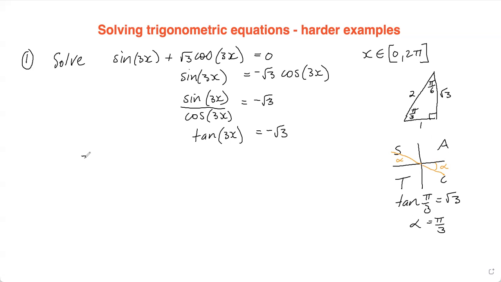So I'm going to start by saying that 3x can be equal to, my first solution would be, and then our second solution is this angle here. So this angle here is going to be pi minus pi on 3. And then the next one is 2 pi minus pi on 3.